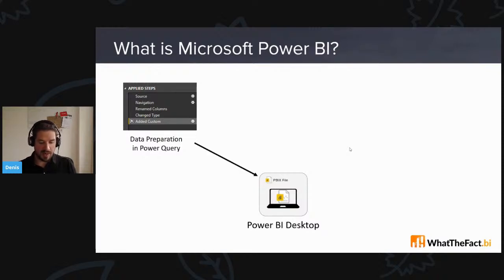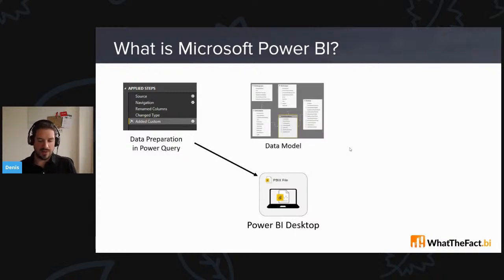In Power BI, there is a module called Power Query, and Power Query is exactly the ETL tool. ETL is extraction, transformation, and load. You can load all the data, transform it, and then load it into your file. I will show this in a minute.